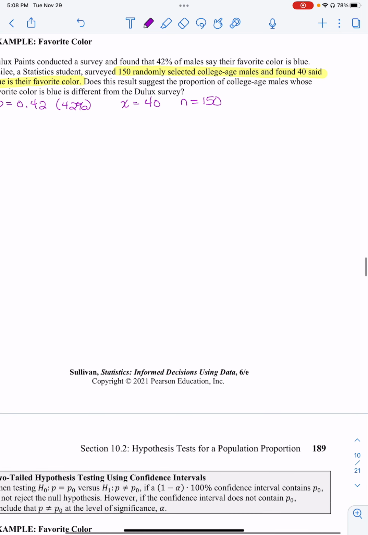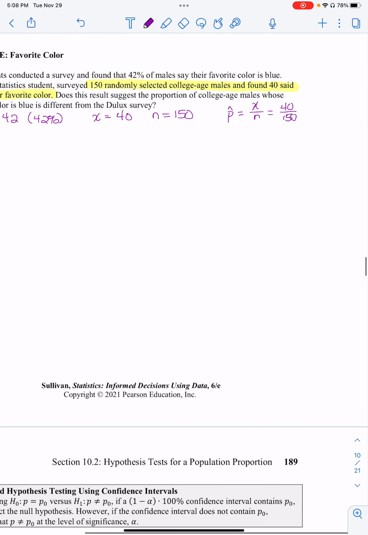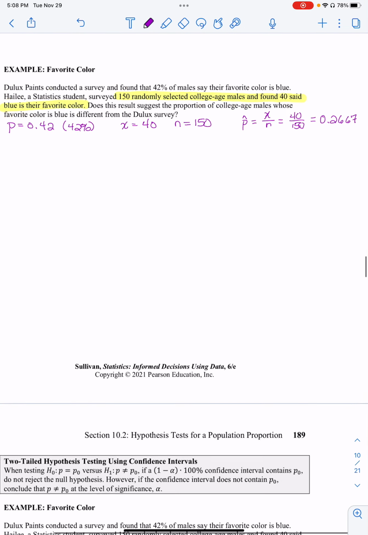From that, we can calculate a sample proportion, p-hat, equal to x over n, which is 40 over 150. If you use your calculator, you get 0.2667.